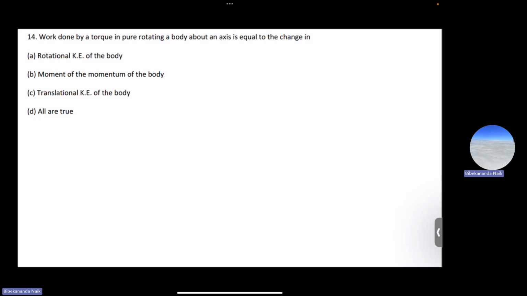So what will be the work done by a torque in rotating a body?